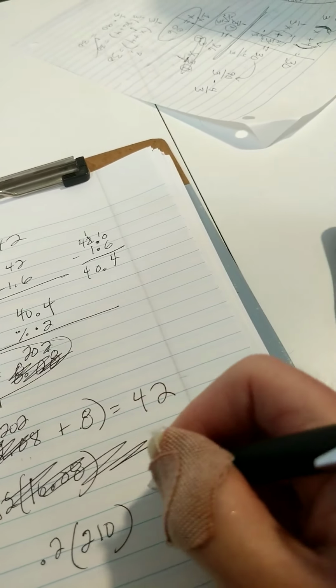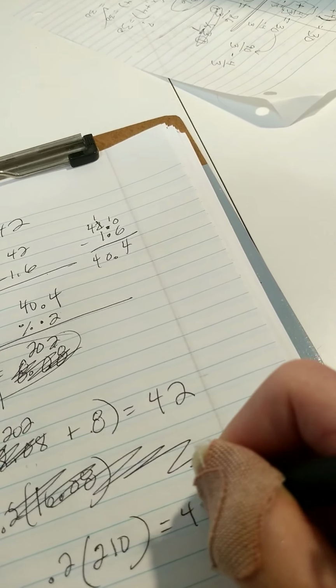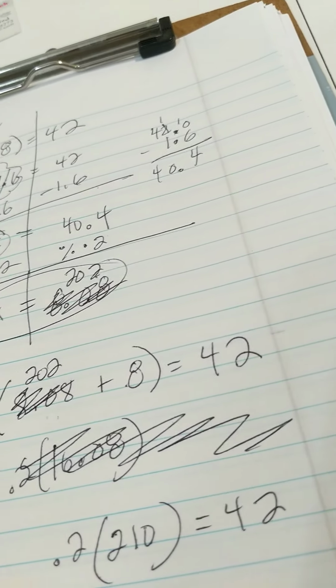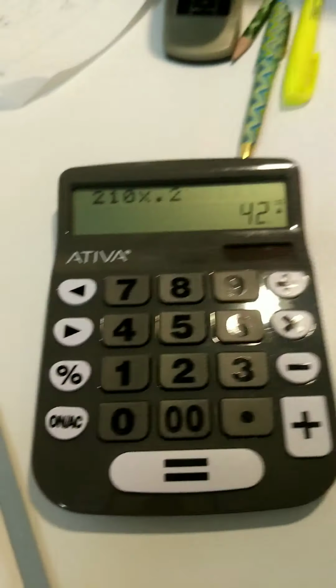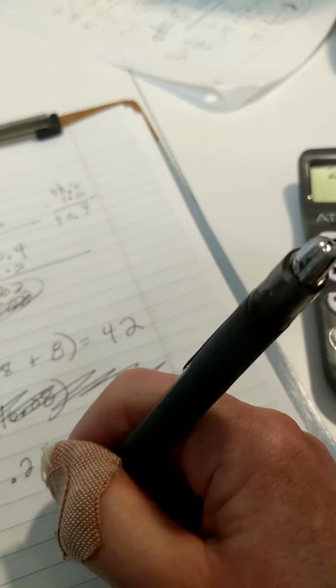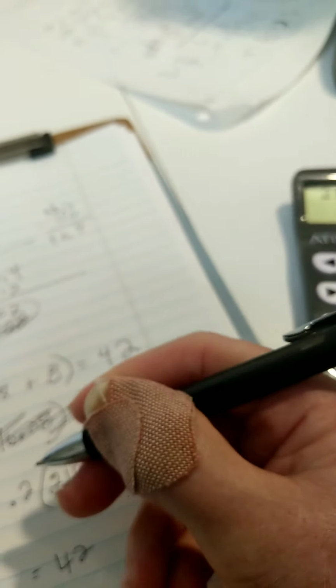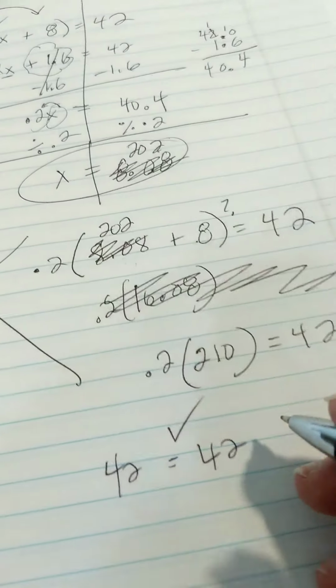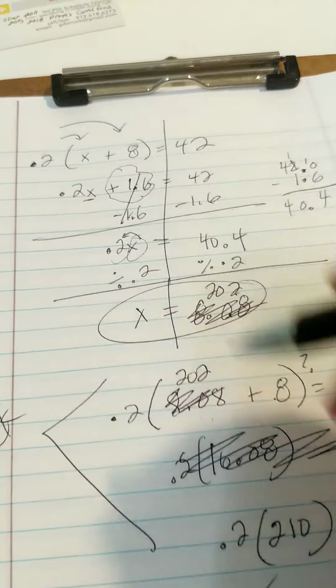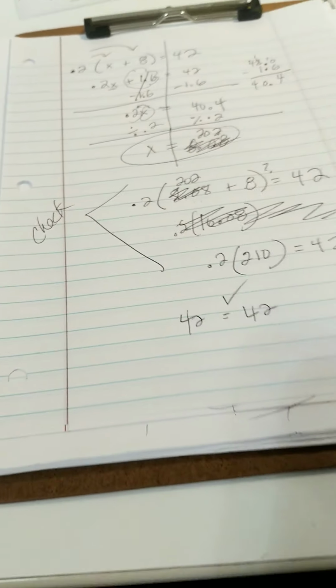Although I better be careful because I'm making some other mistakes, but yes, I know that's correct. So now let me do 210 times 0.2. And sure enough, I get 42 as my answer, which is what we wanted to make happen because the original was a 42 for the answer.